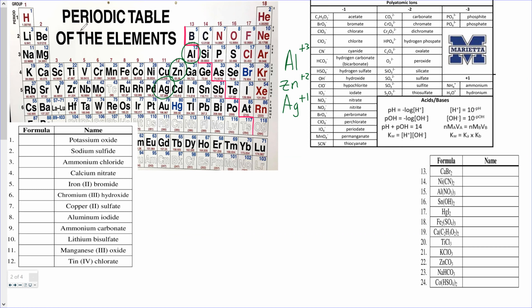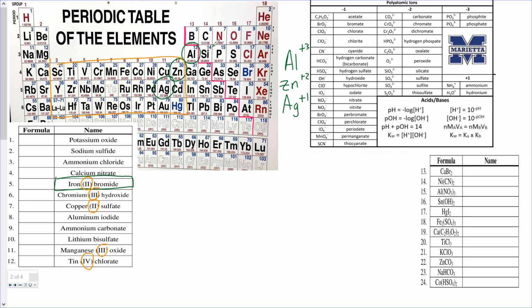Now we're going to start dealing with all these other ones. I'm going to start with an easy one. I'm looking at this question right here: iron 2 bromide. If you see anything with Roman numerals, that is a sign that it is coming from somewhere around here.